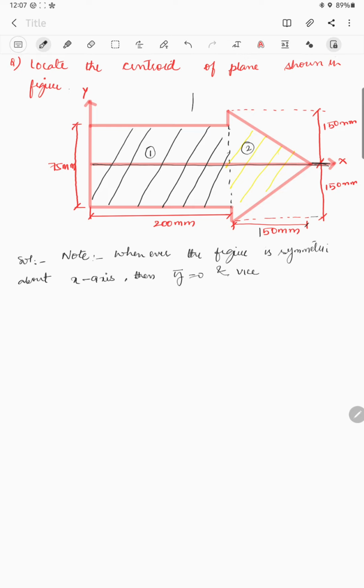And vice versa: when the figure is symmetric about the y-axis, then x bar will become 0. Very important point.